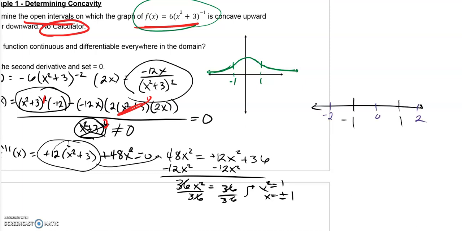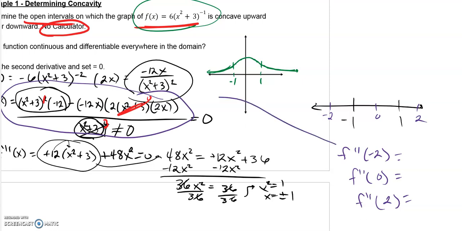And you're doing this as a second derivative test. So it would be the second derivative at -2, the second derivative at 0, and the second derivative at 2. And again, you're going to plug it back here, and all you care about is if it's going to be positive or negative. When you plug in -2, you get a positive answer.